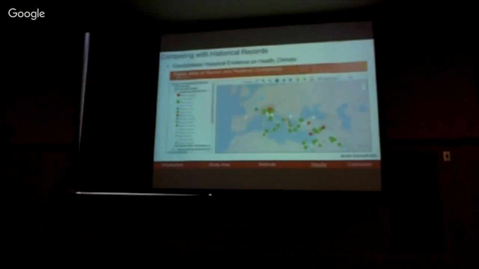So another objective of our research is comparing our records with historical records. The historians that we work with put a geodatabase online with historical evidence on health and climate.